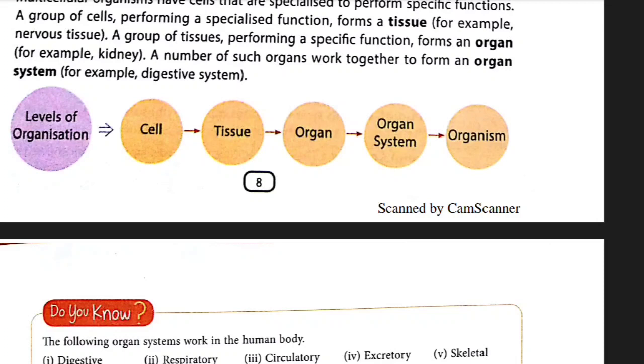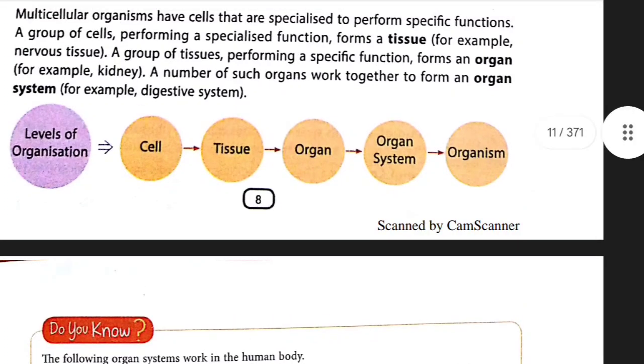Then the hand is one organ, our leg is one organ, our belly, our head. Like this they form an organ system. Suppose your hand, your finger, your nail, they also have some joints.